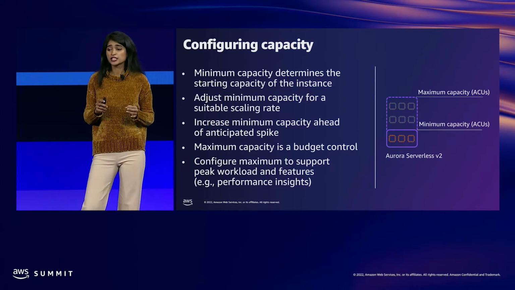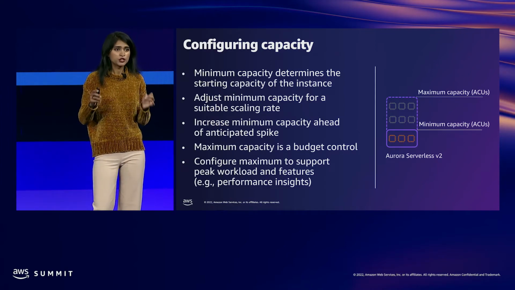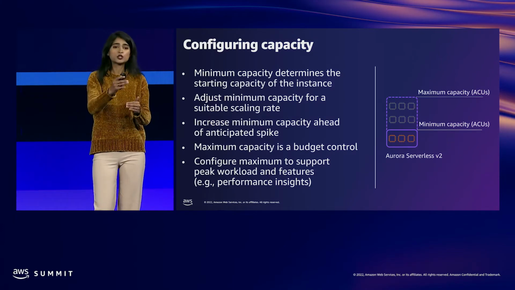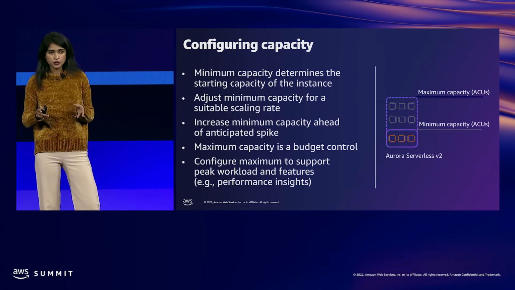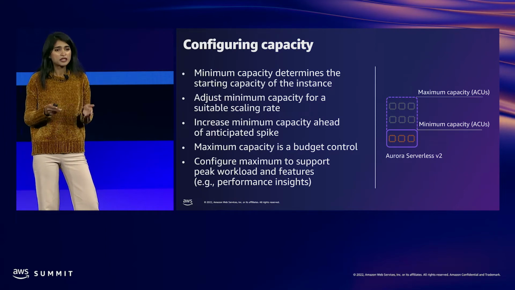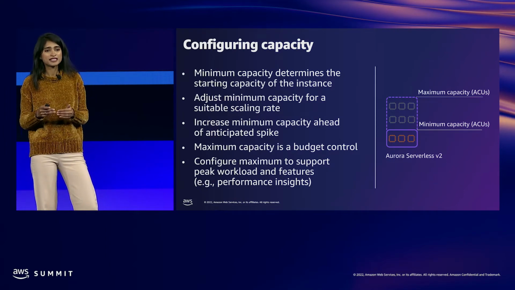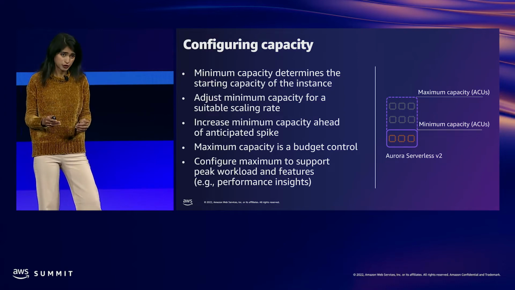Now the maximum one. Maximum is essentially your budget control measure. You're saying that I am willing to pay this much money. In no way will we increase the database capacity beyond the maximum that you set. So a couple of things to keep in mind also is look at the peak workload. What does your peak workload require? So when you're thinking about the maximum, just make sure your peak workload is covered.